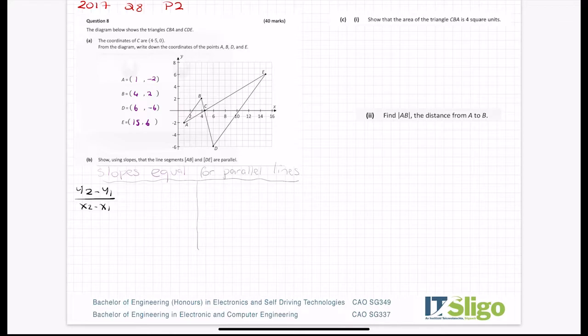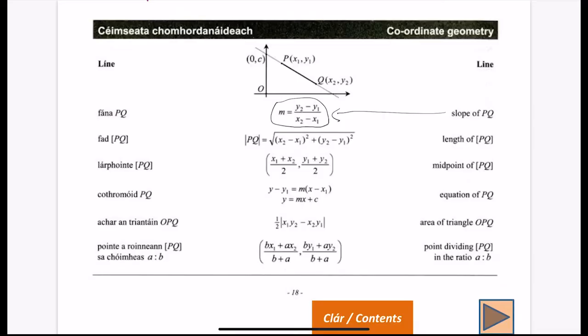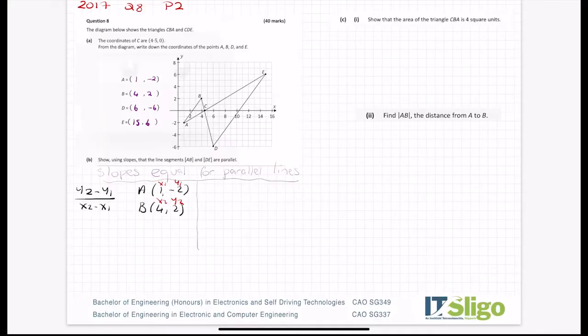Okay, let's do AB first. So A is the point 1, -2, B is the point 4, 2. Okay, label them x1, y1, x2, y2. If you forget how to label points, know that it's here, x1, y1, x2, y2. Okay, and then we're going to sub them into here.